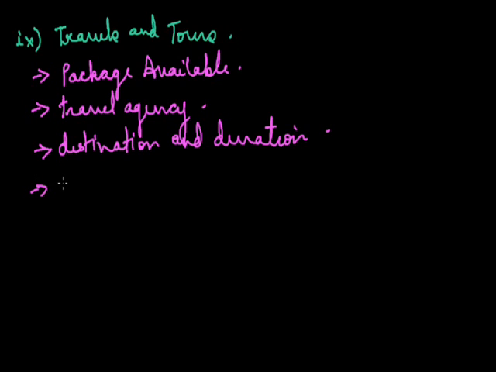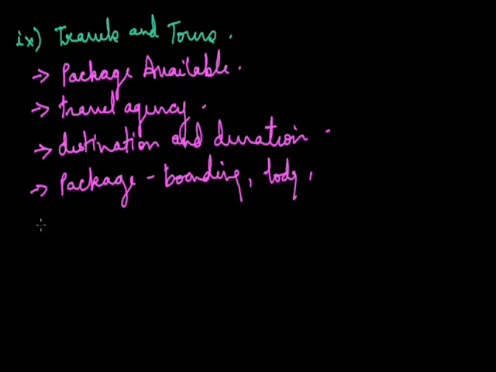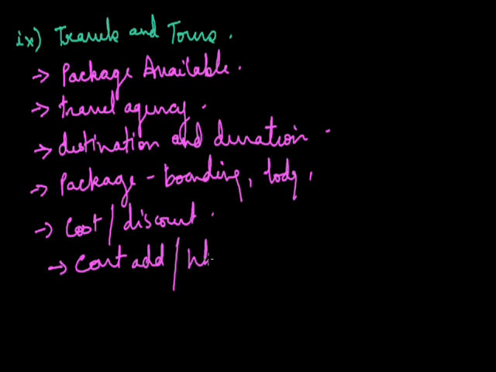The 4th point, you need to provide the detail of the package, that is boarding, lodging and sightseeing. Indicate the cost and the discount as well, so that customers get attracted to it. If any discount is there, you need to give your contact address and the phone number.